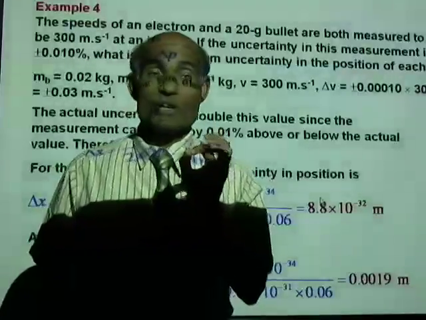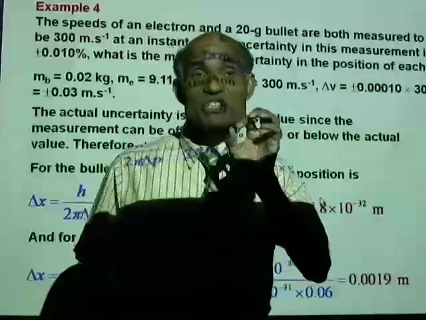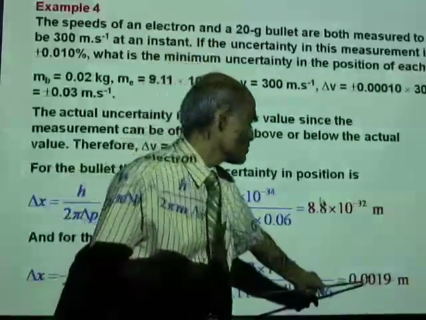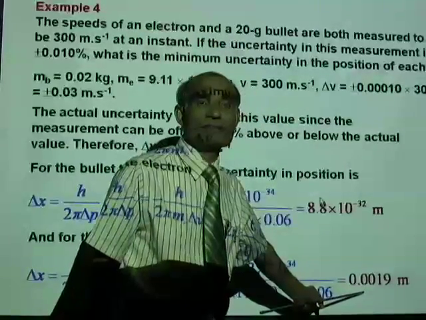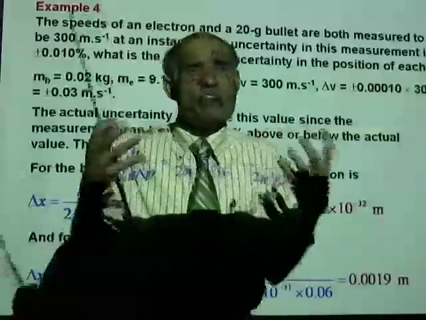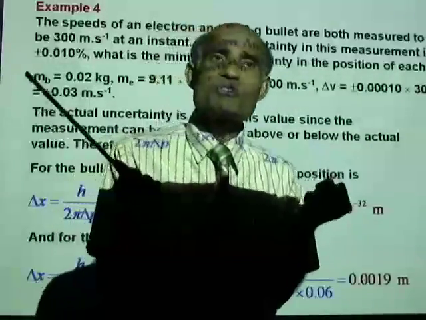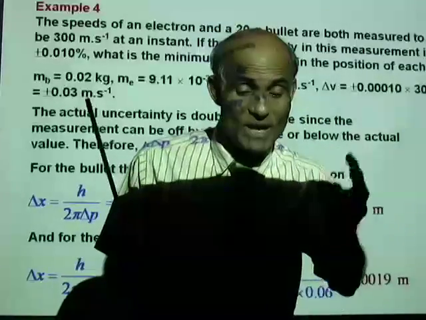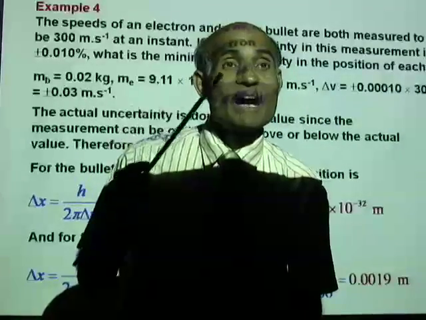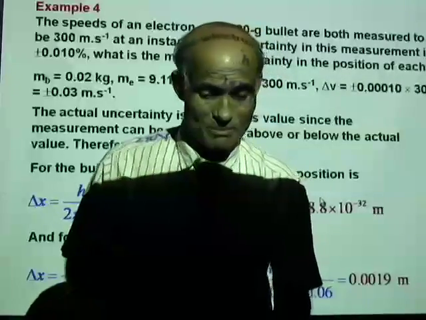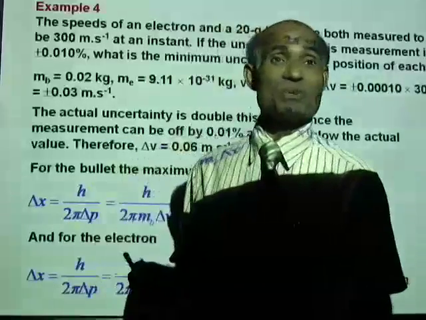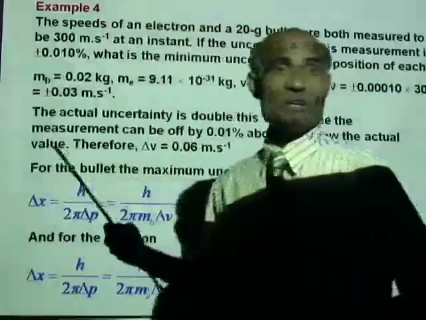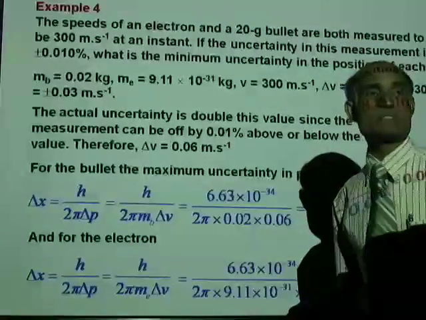Now remember, considering the size of the electron, this is a humongous number. So there is a very large measure of uncertainty in locating the position of the electron when the uncertainty in its momentum is given to us. I hope that particular point is illustrated by this problem.